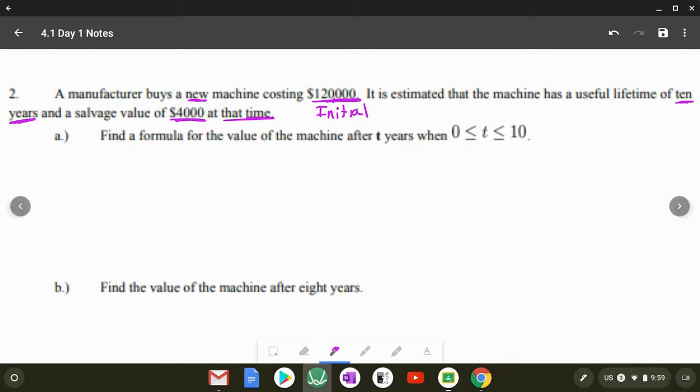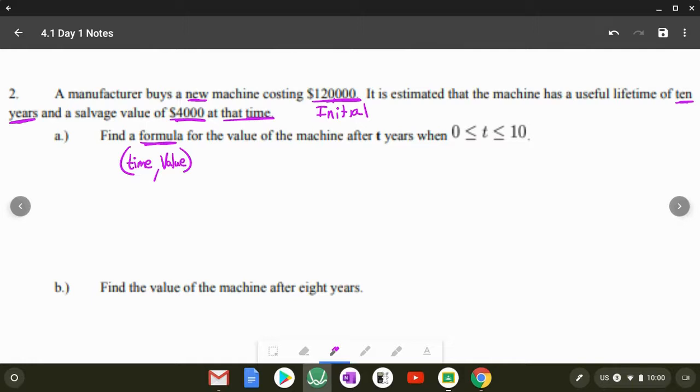As we're processing through this, let's think about how we can write a formula for the value of the machine after t years, when t is from 0 to 10. If we think about this in terms of a coordinate, the x value would represent time, and the y value would represent the value of that machine.